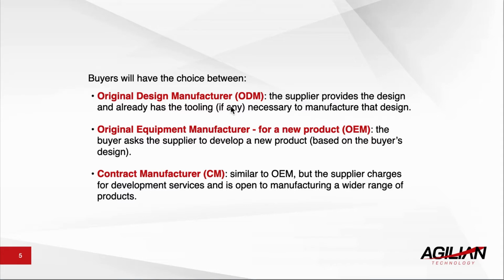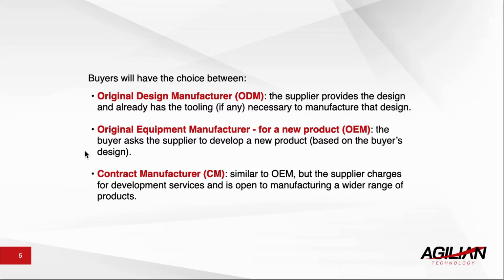So ODM, in the context of buying from China, Vietnam, Thailand, India, what does that mean, ODM and OEM? ODM means they already have the product or maybe the module that can go into your product. And it's already developed and you can use it. And in some cases you might need them to make changes to it, to customize it.